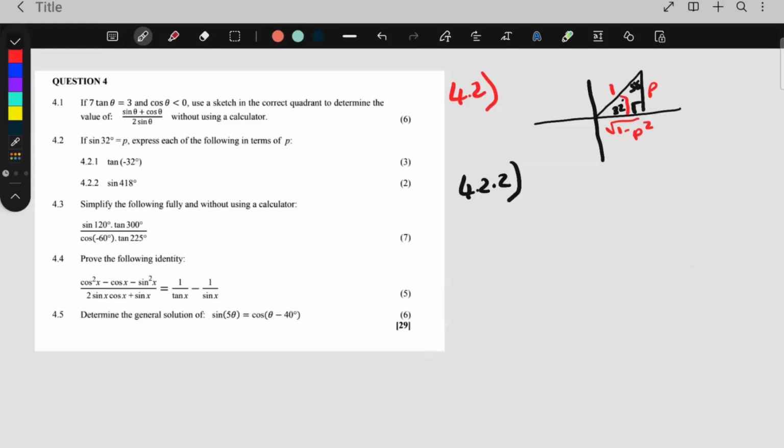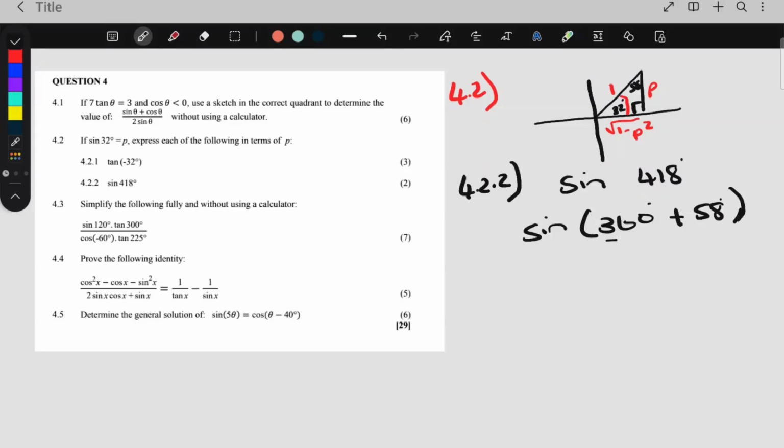Okay, the next question is, what is the value of sine 418 in terms of p? So again, I'm going to ask myself, is there a 418 degrees in this triangle? Of course not. It's too big. So I have to reduce this. So I'm going to write this as sine 360 plus 58 degrees.